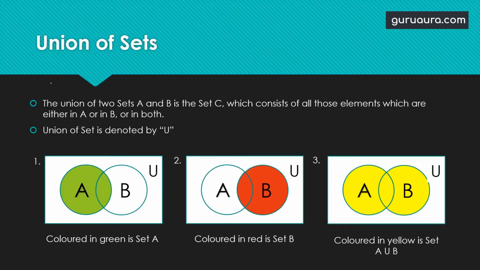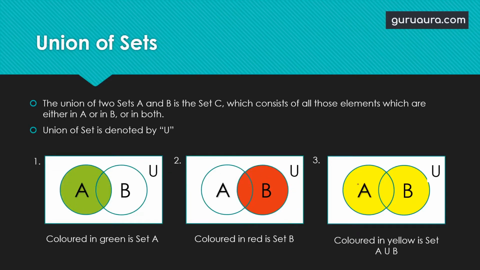Now let's learn about the first operation on sets, which is union of sets. Union means united. So set A and set B together form a new set A union B, which consists of all the distinct elements from set A and set B. Figure 1 shows set A in green. Figure 2 shows set B in red.